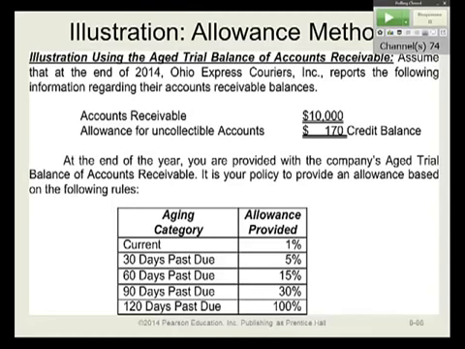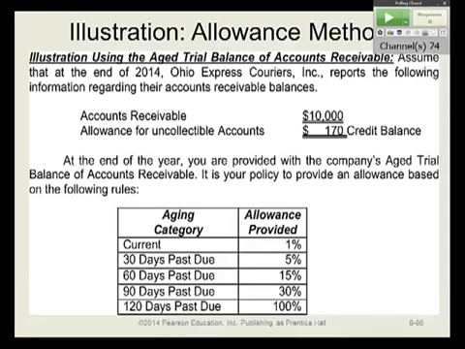So we're going to tell you that if you go in there and estimate their bad debts, again, whether you're doing this from an accounting perspective, marketing perspective, or credit management in a company, this could be your company's rules: if it's current, we want to provide a 1% allowance against it. Based on our experience, 1% of current receivables are not collected, 5% of 30-day past due receivables are not collected, and so on. So these are the aging categories, and these are the percentages that we would assign.